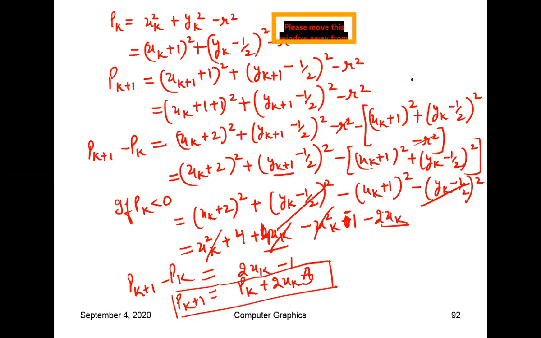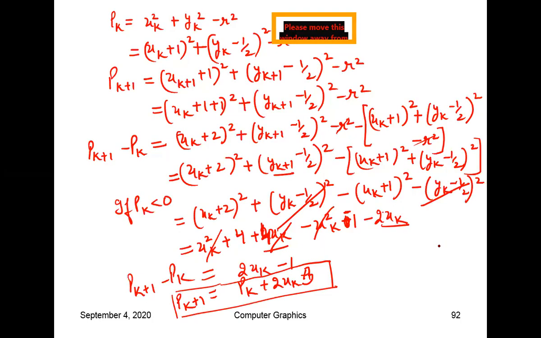Okay. Now the second case we will be taking. So I'll be writing the same equation.